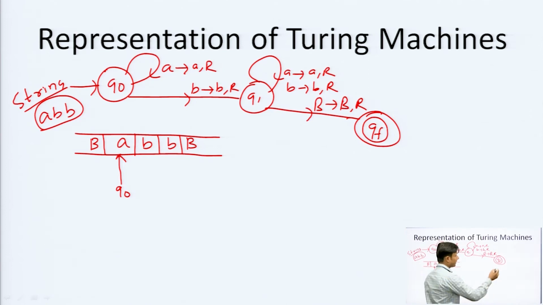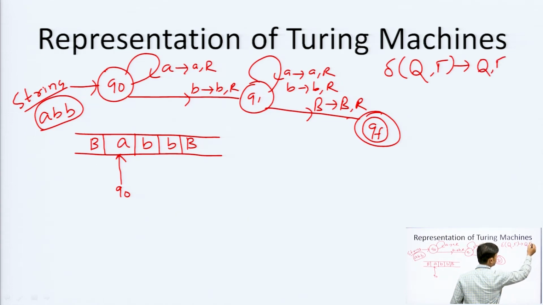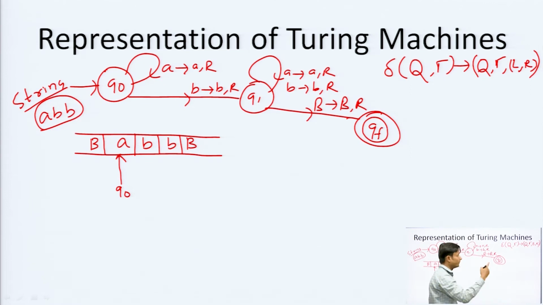The transition function says capital Q and the tape input, then capital Q and the tape input, then L or R. So either you have to move left or move right.